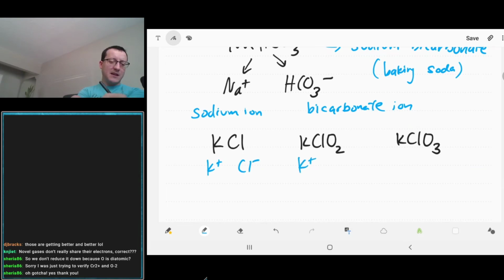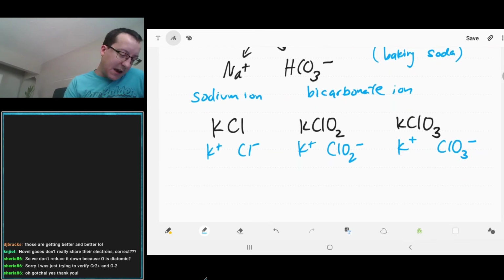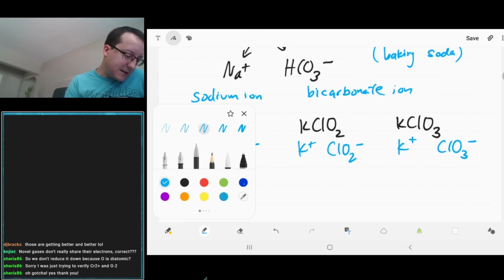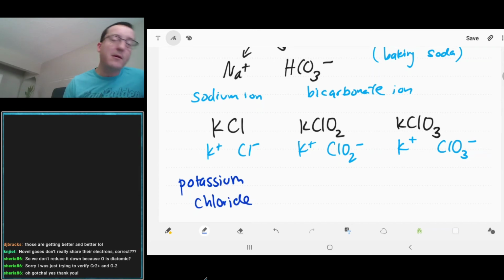All of these potassiums are going to be plus, right? Potassium doesn't change. The rest of this stuff must be from polyatomic ions. This one would be potassium chloride. Remember that just the negative charged element takes that "ide" ending.